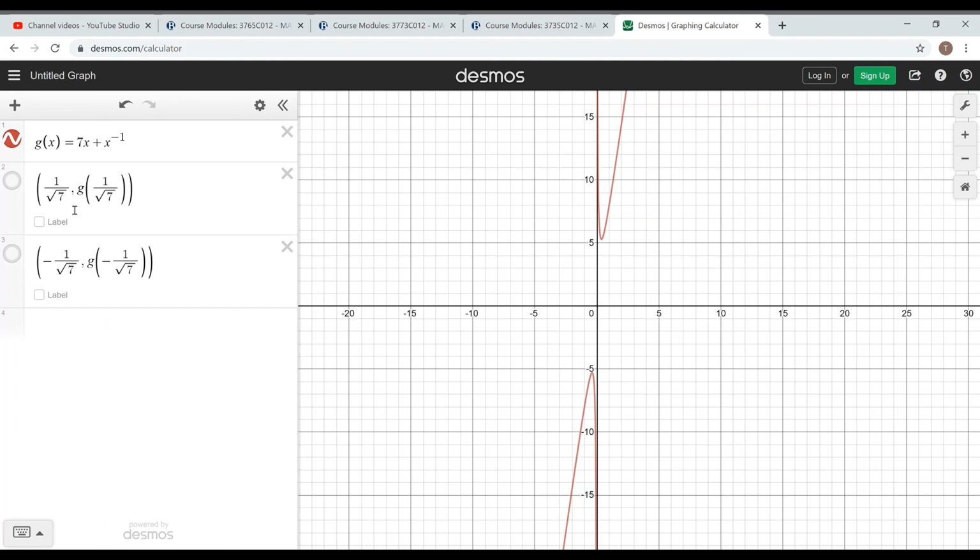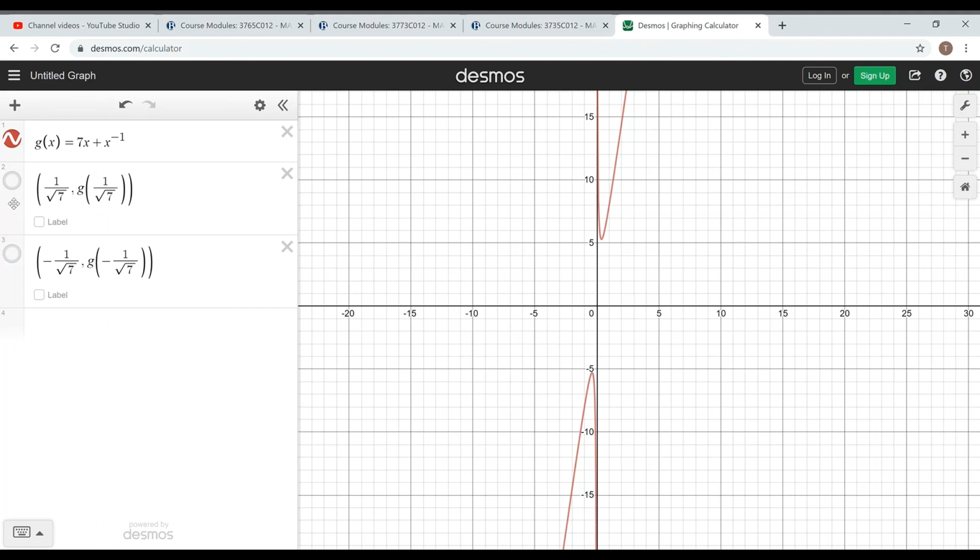And I've also included the points that we found, x equals 1 over the square root of 7 and x equals -1 over the square root of 7. We found those were the points where the graph switched from increasing to decreasing and decreasing to increasing.